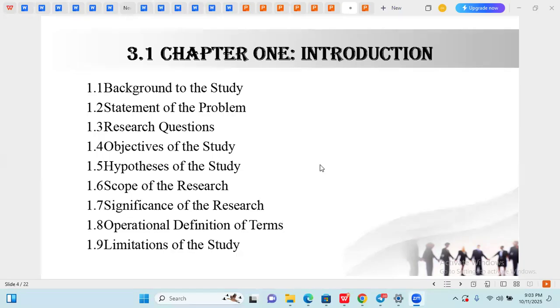Now, it goes far beyond field. Local and international universities have different formats. So before you start writing, before you start your research, get your format right.